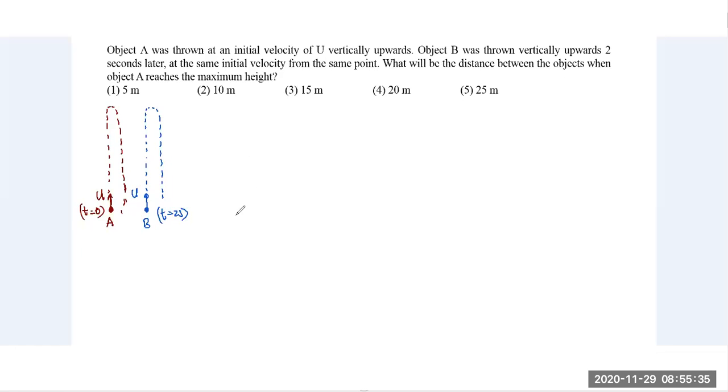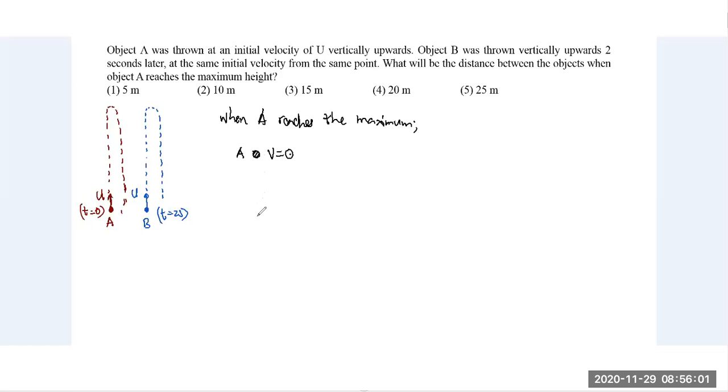So in this question, when A reaches the maximum height, see if you can understand. The question is, what is the distance between A and B when A reaches maximum height? A will be at the maximum height, and we all know the velocity of A by that time is 0.